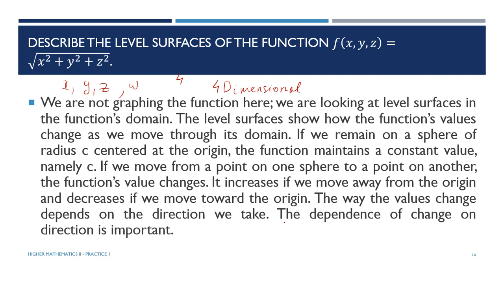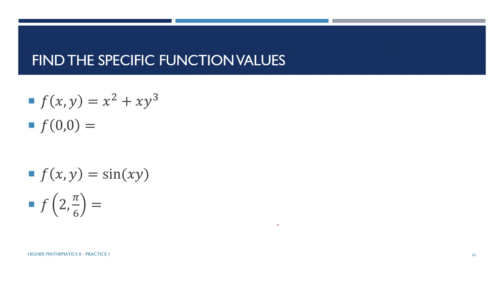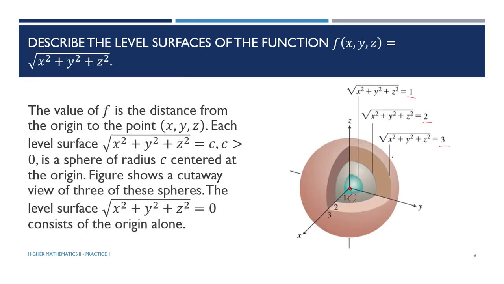The dependence of change on direction is important, of course. And we may see here 3 level surfaces. When the function equals 1, we'll get this small level surface. When it equals 2, we'll get this second level surface, which is gray here. And when it equals 3, we'll get this pink level surface.